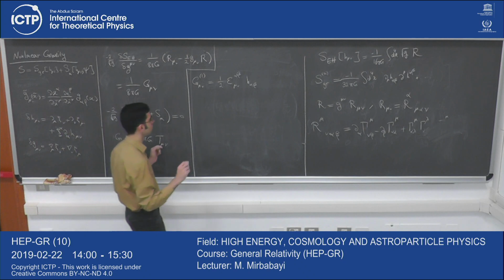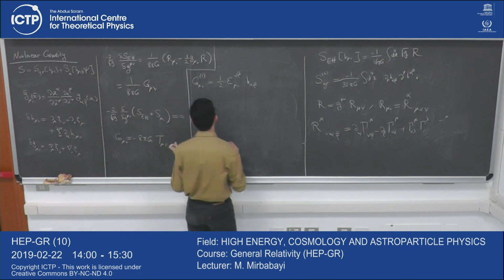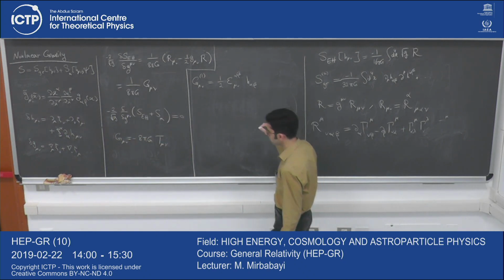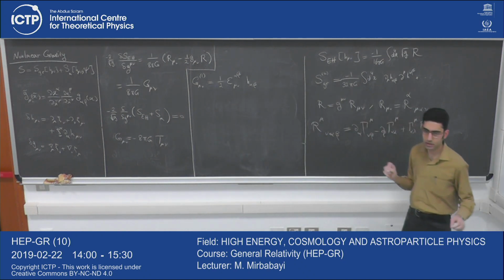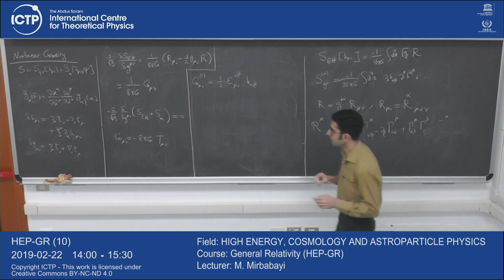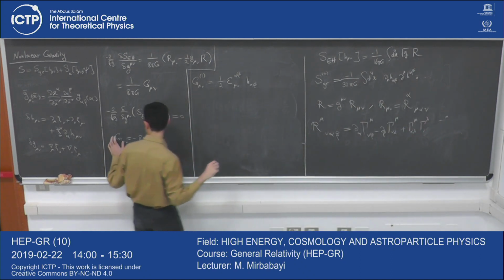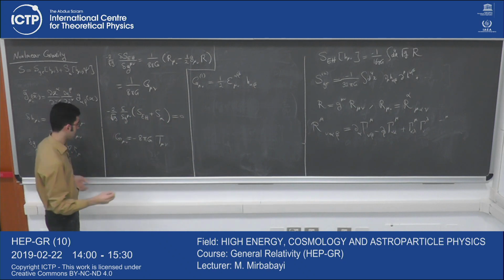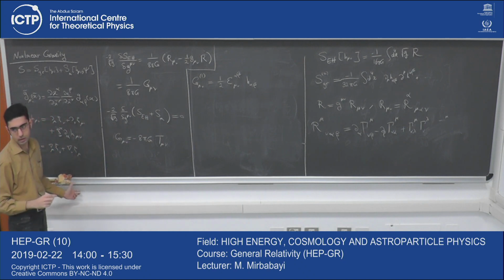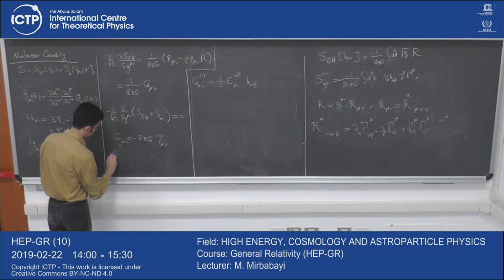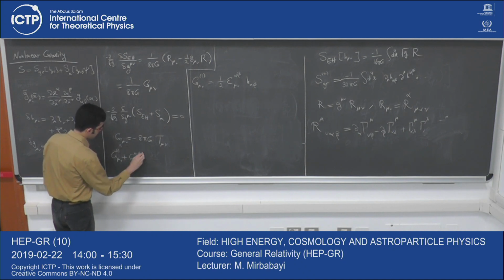Now, one thing that we can do, maybe to just make connection with the story that we had at the beginning of the last lecture, is that we can decompose this G mu nu into the linear part and the non-linear part. So this G mu nu, I can just write it as G mu nu linearized, or first order component, plus G mu nu nonlinear.